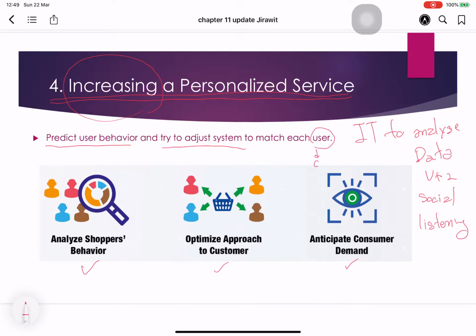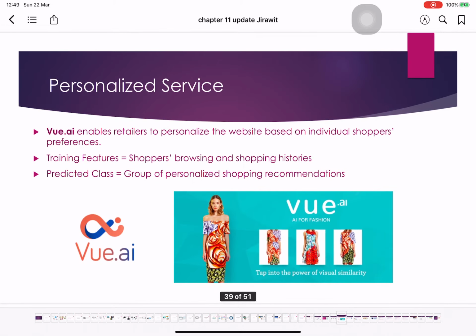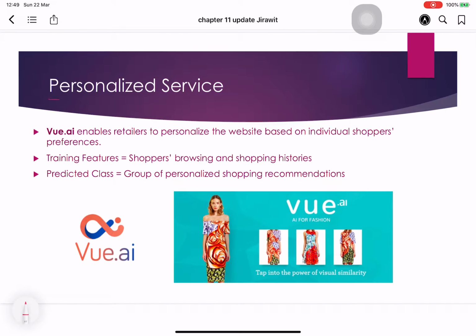This user is the customer. Personal service.